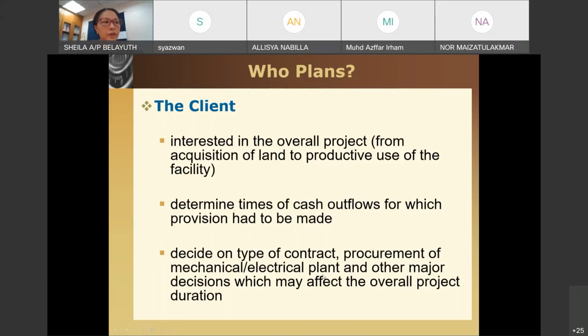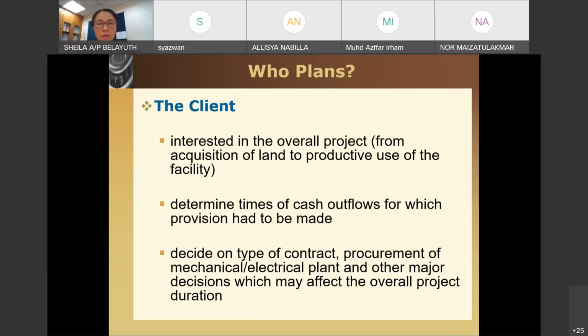So the most common one we might have heard will be bill of quantity, based on bill of quantity or based on lump sum, right? So another item that you might have heard also would be, I would call it procurement system, but you might also refer to it as contract.